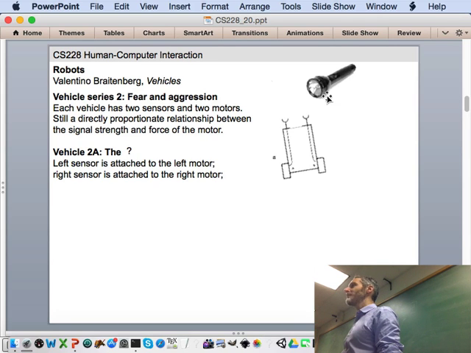So what happens? It turns a little bit away from the light, which means the overall firing of both sensors reduces a little bit, which means what? How does the robot react? It just keeps going forward. Perhaps. What happens to the wheels?